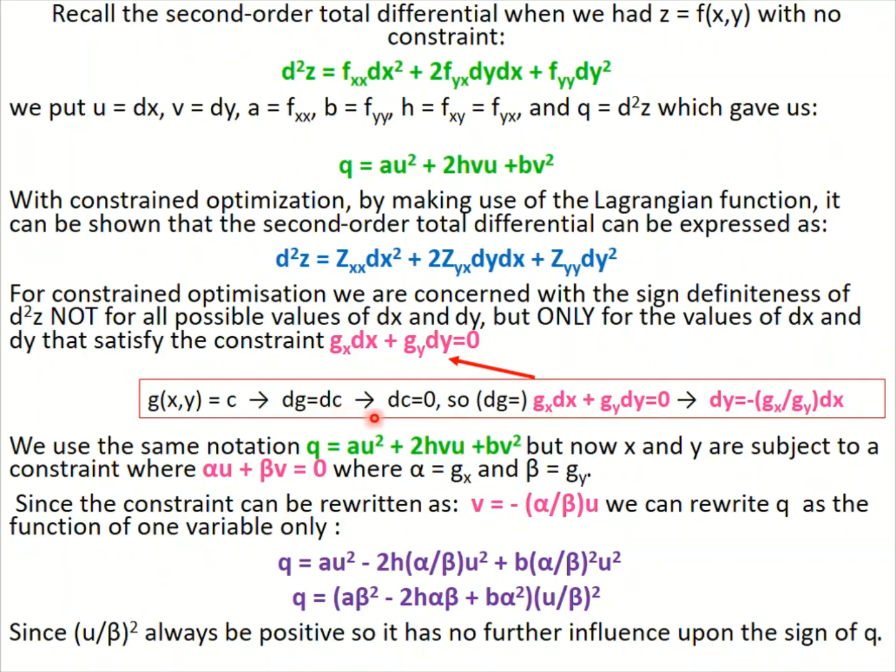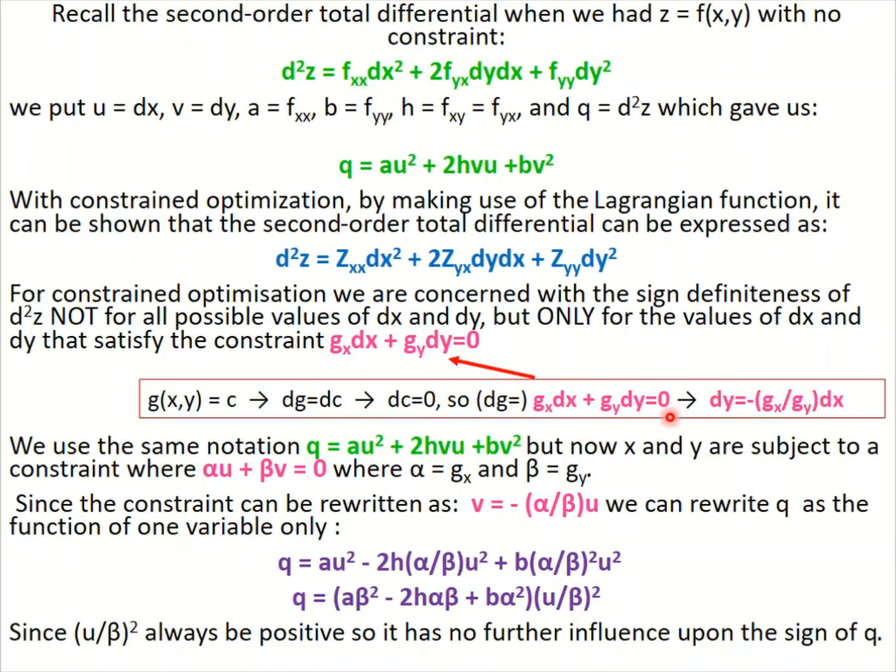Now, dc, if we calculate it, is going to be 0 because, as we said, c is a constant. So the differential dg, which we can work out as follows, is going to be equal to 0. We need to set dg equal to dc, and we know that dc will be equal to 0.